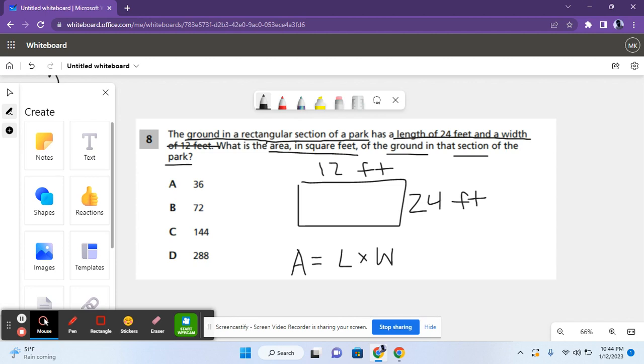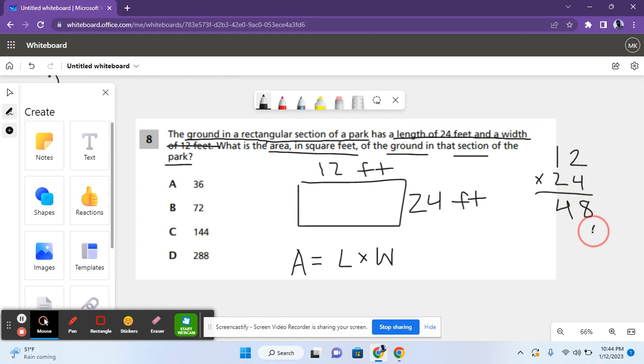And since we're keeping it in just feet, you don't have to do any conversions with your answer. So let's multiply 12 and 24. 12 times 24. So 2 times 4 is 8, and 1 times 4 is 4.